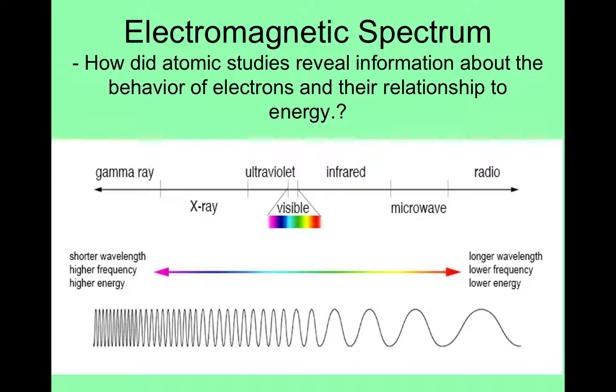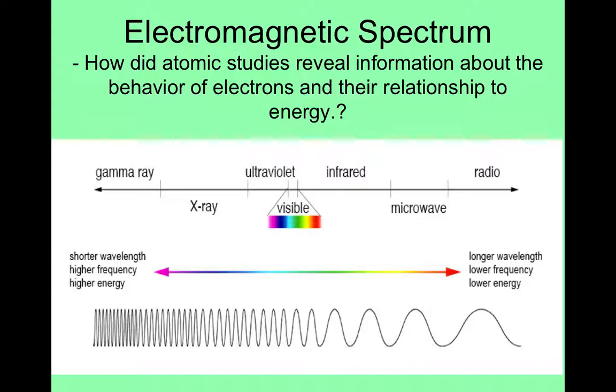And eventually we get to this tiny little spot in the spectrum, which is all of the visible light we see. You might have heard the saying Roy G. Biv: red, orange, yellow, green, blue, indigo, and violet. And that's what you see in the center of the diagram here.